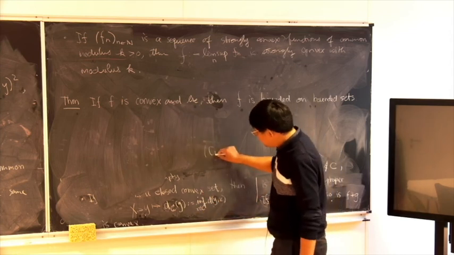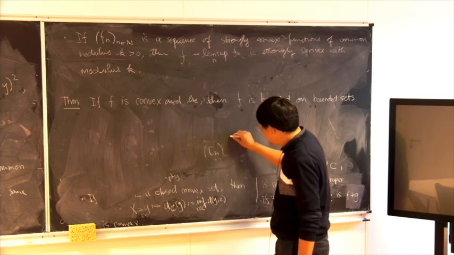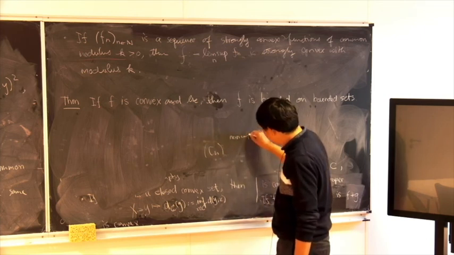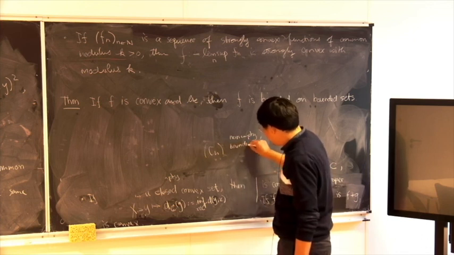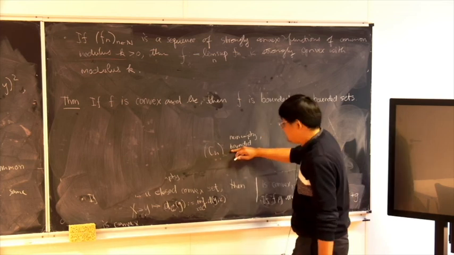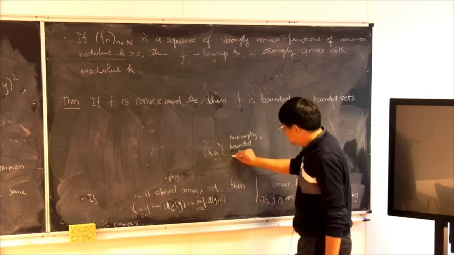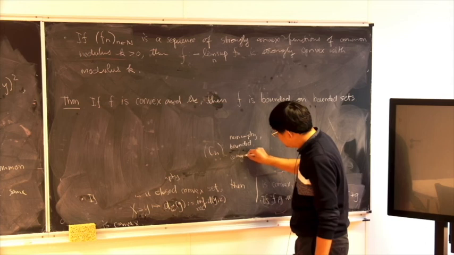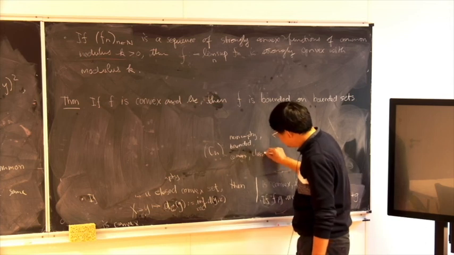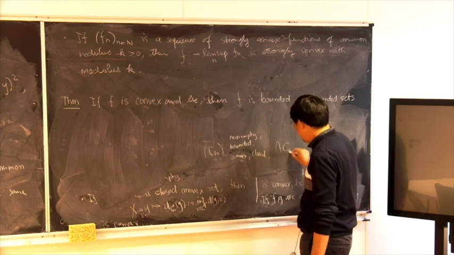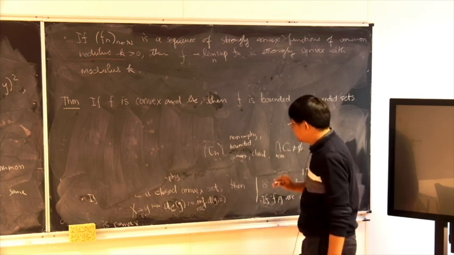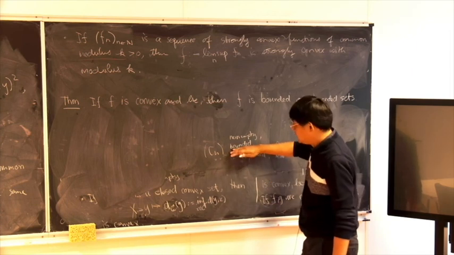So Cn here have to be non-empty, bounded, convex and closed. Sorry, I forgot to add the condition of boundedness. If you have all these, then the intersection of Cn is non-empty. Boundedness is important.